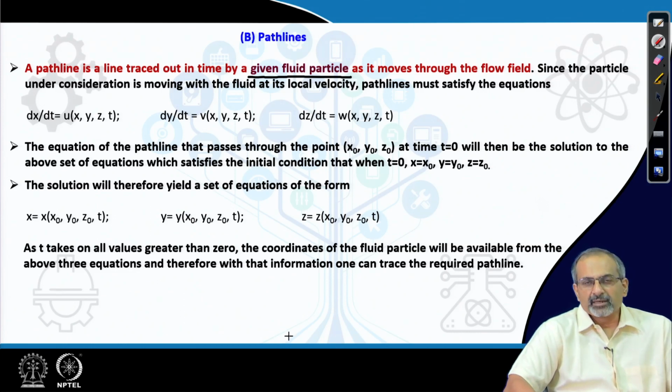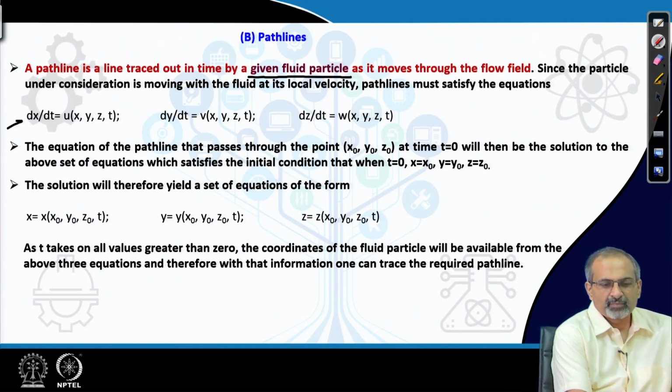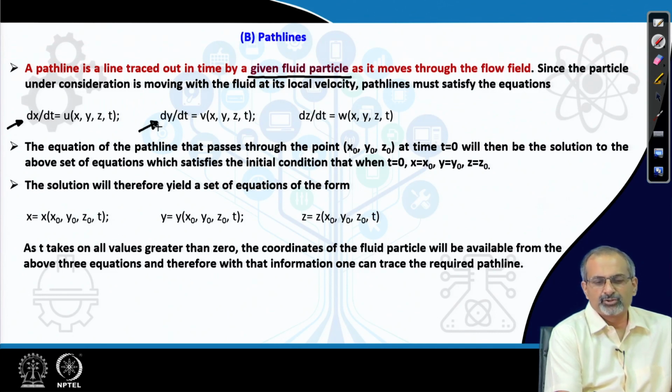Now, since the particle under consideration is going to move with the fluid at its local velocity, because it is just being taken to different points by the effect of the overall flow movement, the path lines must satisfy the following equations: dx/dt should be equal to the local flow velocity component u, dy/dt should be equal to the local v component of velocity.